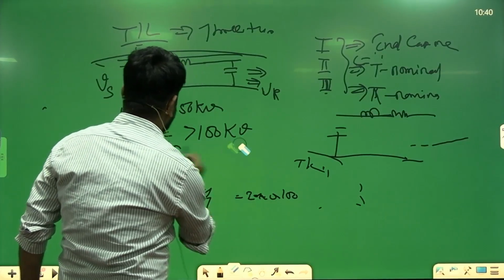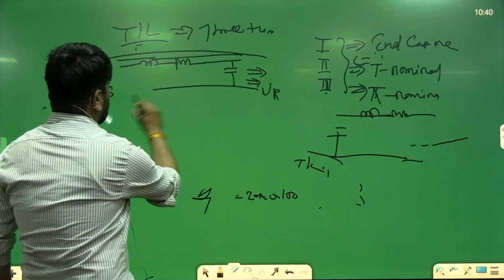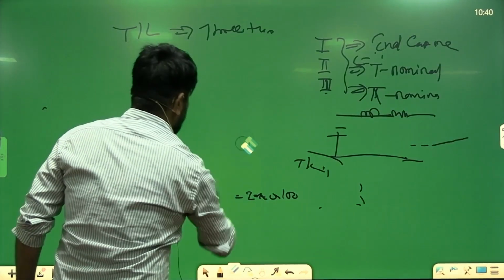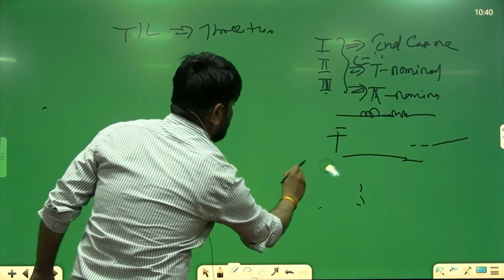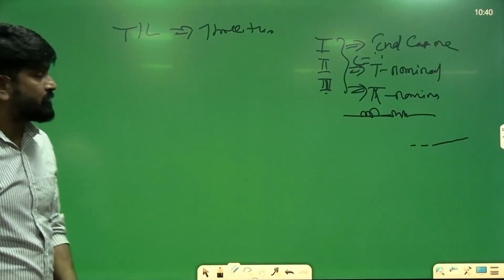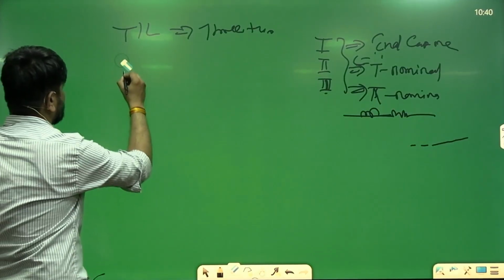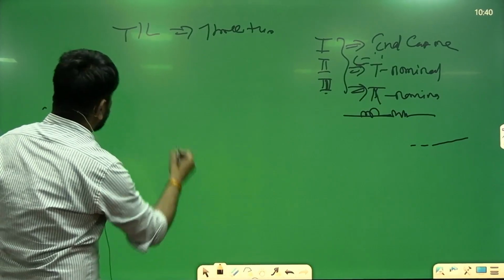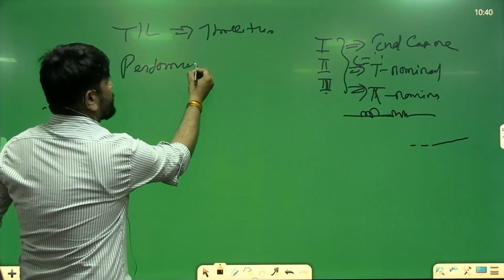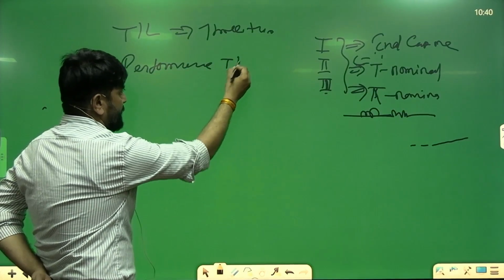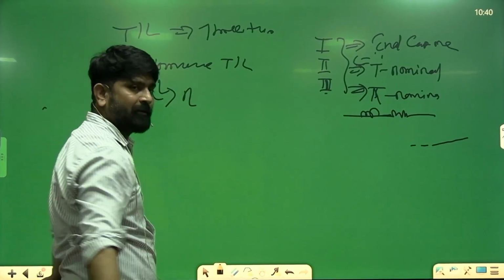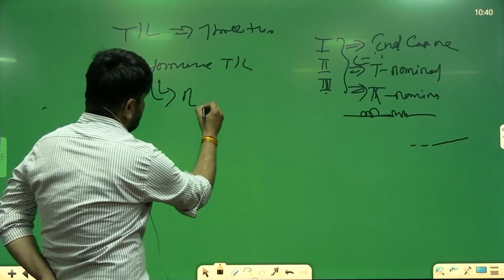Then the totality of this process is called transmission line performance. For the performance of the transmission line, we calculate the efficiency and voltage regulation.